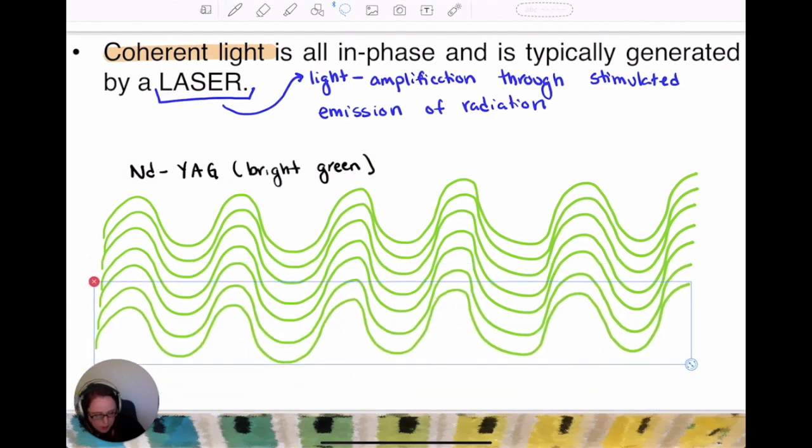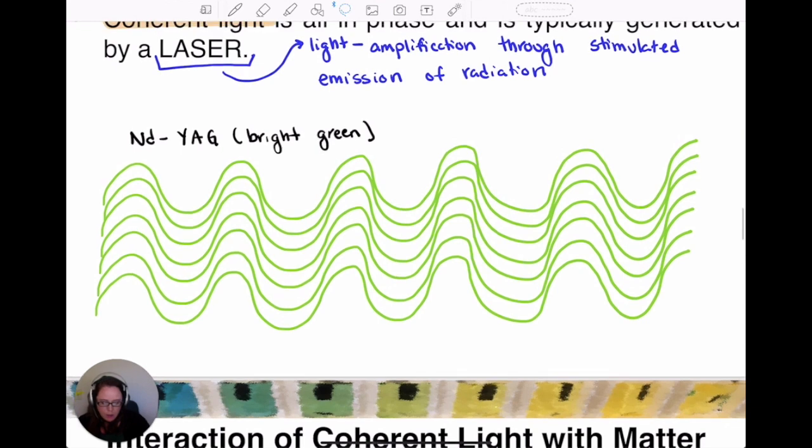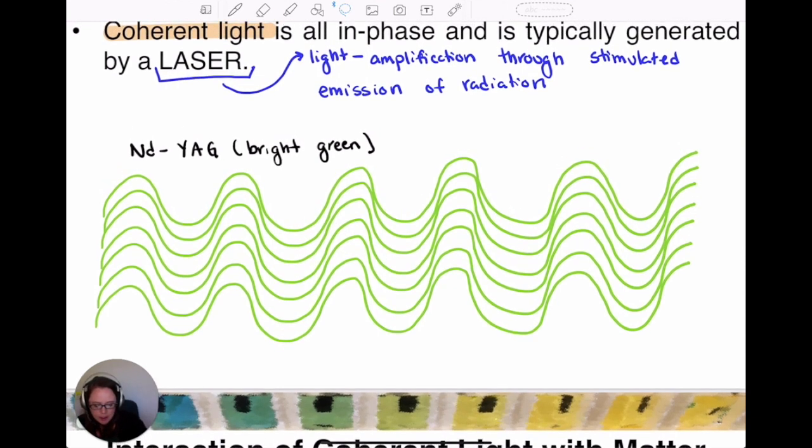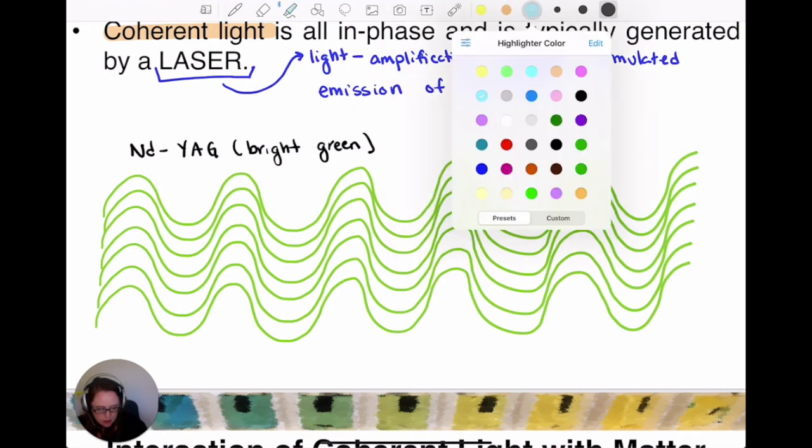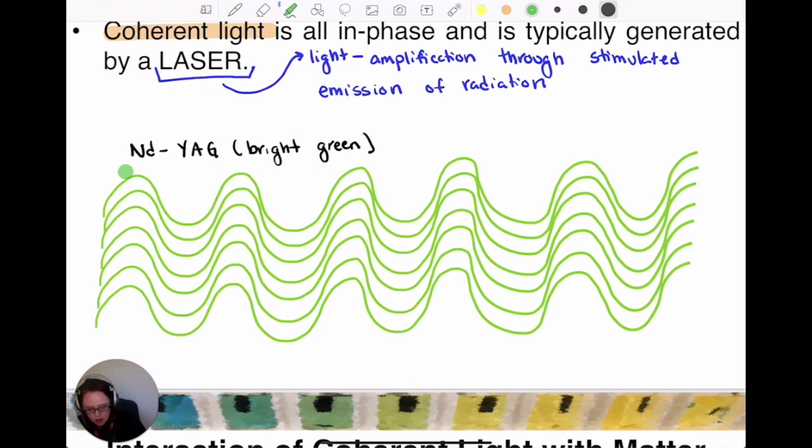What this ends up forming, or how we typically represent this, is that our peaks we show as a bright line and the troughs we show as no line.